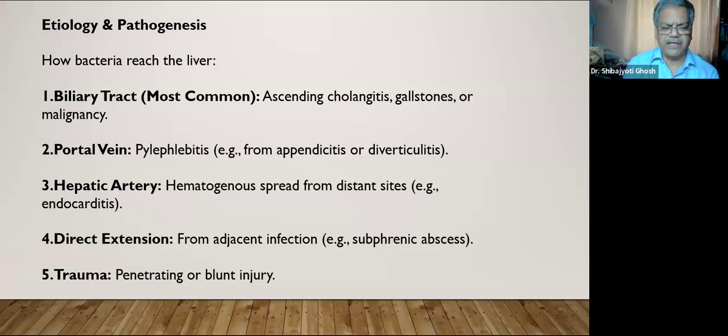It can spread by the venous route, that is pylephlebitis, from any infective focus in the large intestine particularly, or through the hepatic artery by hematogenous spread from distant sites like endocarditis. It may also have direct extension from adjacent infections like subphrenic abscess or empyema of the gallbladder. And of course, any kind of trauma, penetrating or blunt, can give rise to liver abscess.